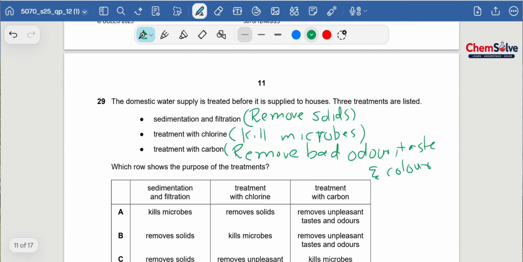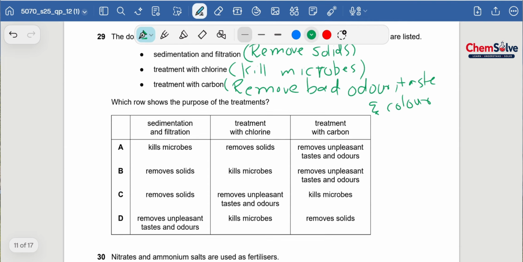Okay, so let's match these things with our options. Sedimentation and filtration kills microbes. No, it removes solids. So option A is incorrect. And D says it removes unpleasant taste and odor. No, it's also incorrect.